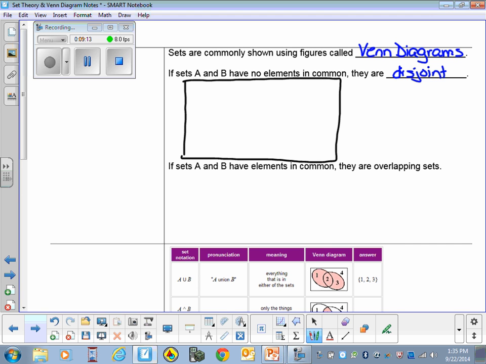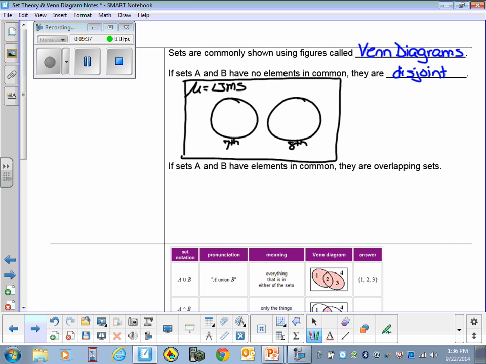When you draw Venn diagrams, you must box in the universe for that problem. Okay, and my universe in this problem is going to be LJMS. Set A is going to be 7th graders, and set B is going to be my 8th graders. And you can't be both. You're one or the other.